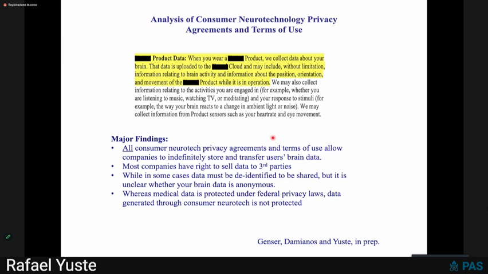The bottom line, neural data could not be less protected. Our conclusion in one word is consumer user agreements are predatory. And the reason they're predatory is because there's no regulation anywhere in the world that regulates consumer neurotechnology.